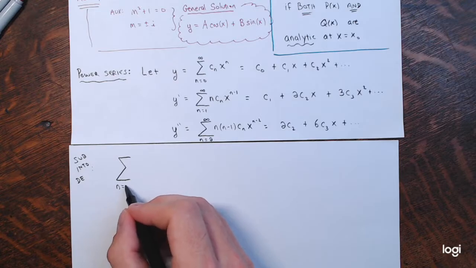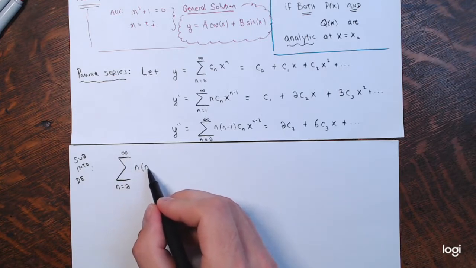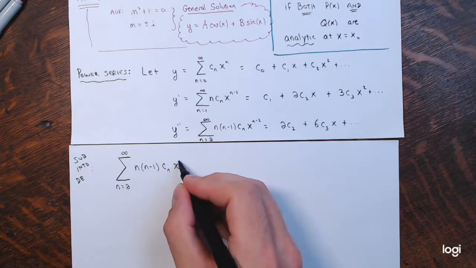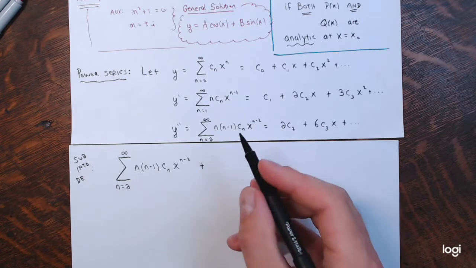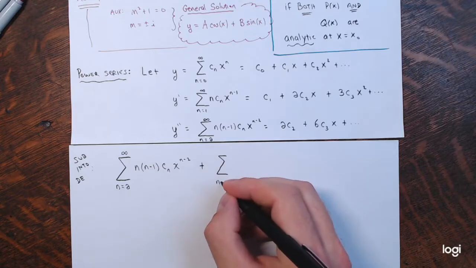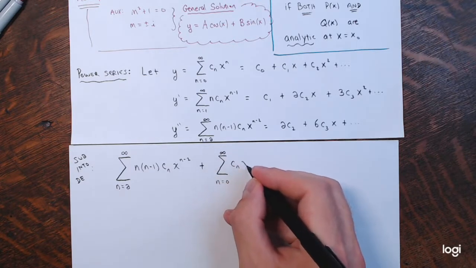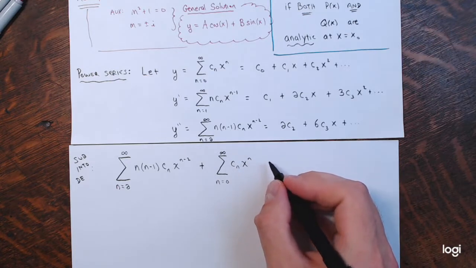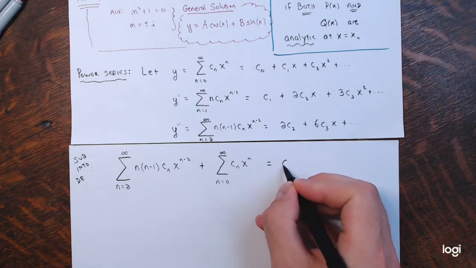So the sum from n equals 2 to infinity of n times n minus 1 times c sub n times x to the n minus 2, plus y, so the sum from n equals 0 to infinity of c sub n times x to the nth, and this equals 0.